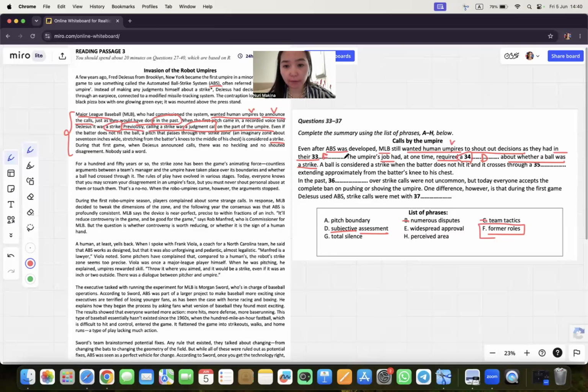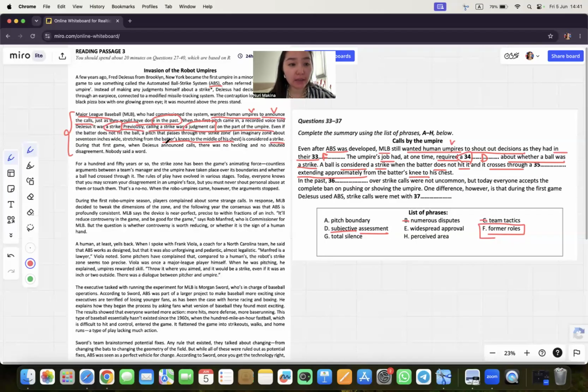Okay, next one. Moving on to the 35. A ball is considered a strike when the batter does not hit it, and it crosses through something. Again, you need a singular word, extending approximately from the batter's knee to his chest. So we do know that the knees and chest are all over there. So we're going to keep reading from this point.